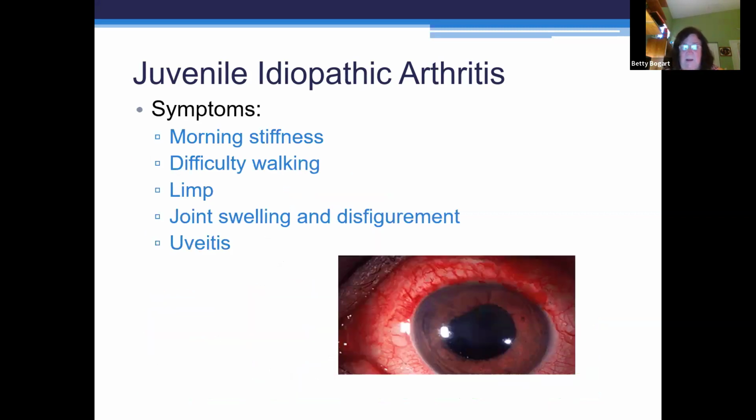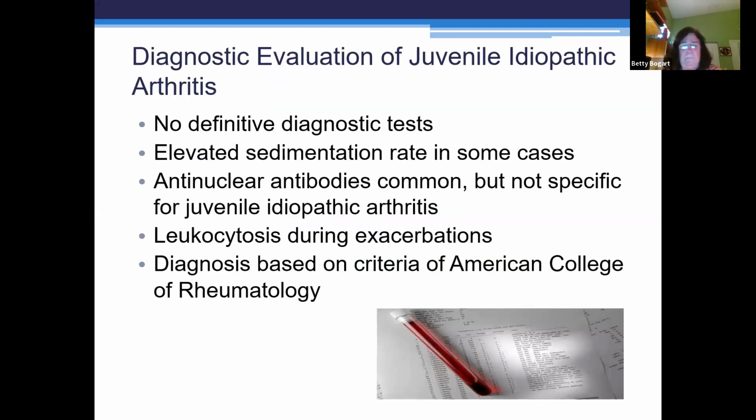Well, this is a kid who's just starting in the morning to limp, is stiff in the morning, or starts waddling back and forth because of the pain. We might see swelling and disfigurement, but that's when it's been there for a while. And uveitis, as you can see, is when the eye gets all reddened and it can cause blindness. So they do need to see an eye doctor.